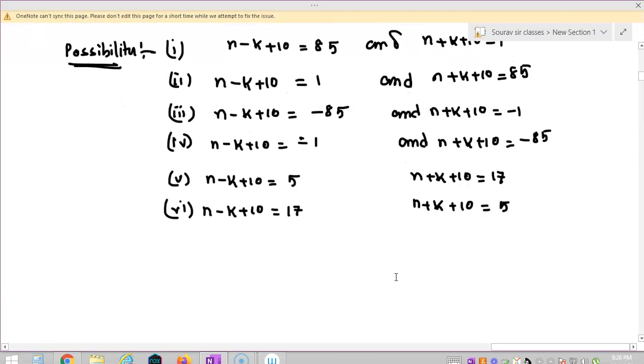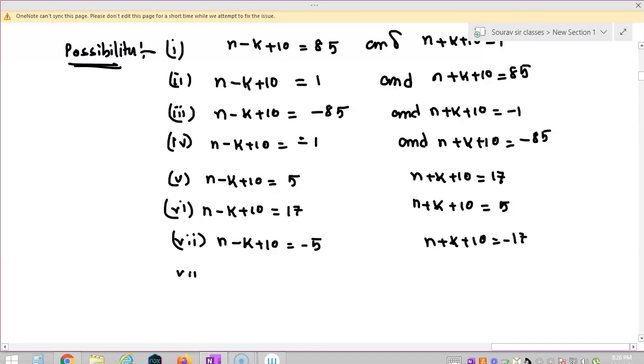What is our seventh possibility? We have to take the negative values: n minus k plus 10 is equal to minus 5 and n plus k plus 10 is equal to minus 17.